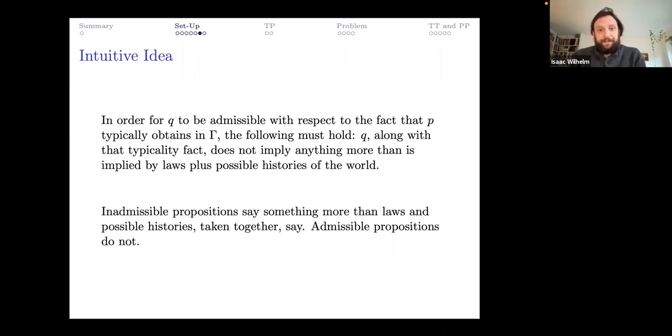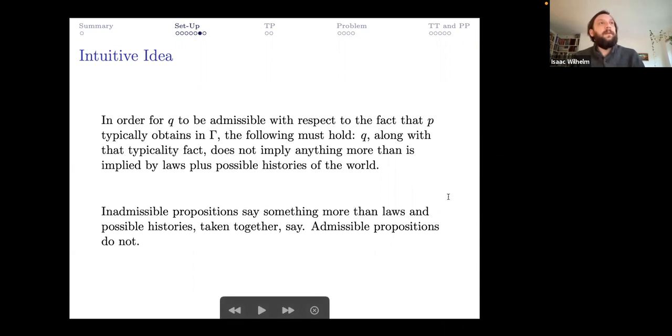Intuitively, in order for a proposition Q to be admissible with respect to the fact that P typically obtains in gamma, Q, along with that typicality fact, does not imply anything more than is implied by the laws plus the possible histories of the world. Q conjoined with that typicality fact can't go beyond what the laws and the possible histories tell you.